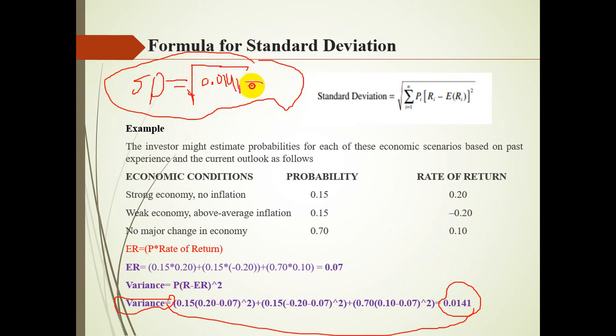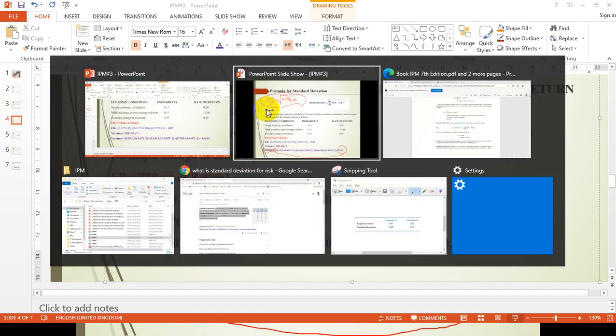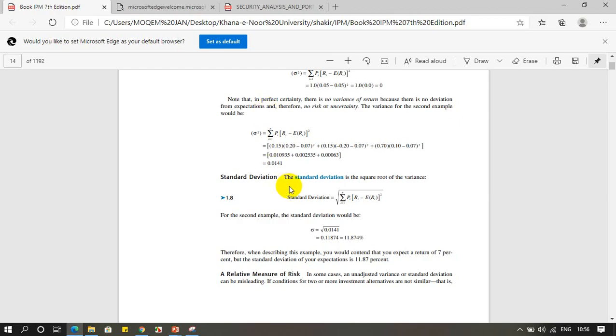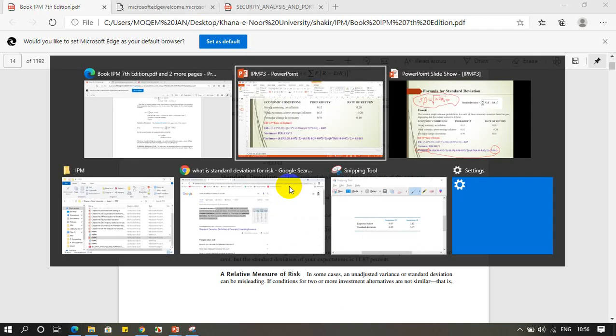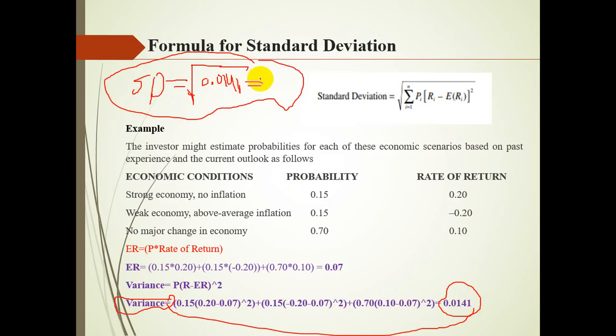So what is equal to my standard deviation? So standard deviation becomes 11.87%. So it becomes 11.87%.